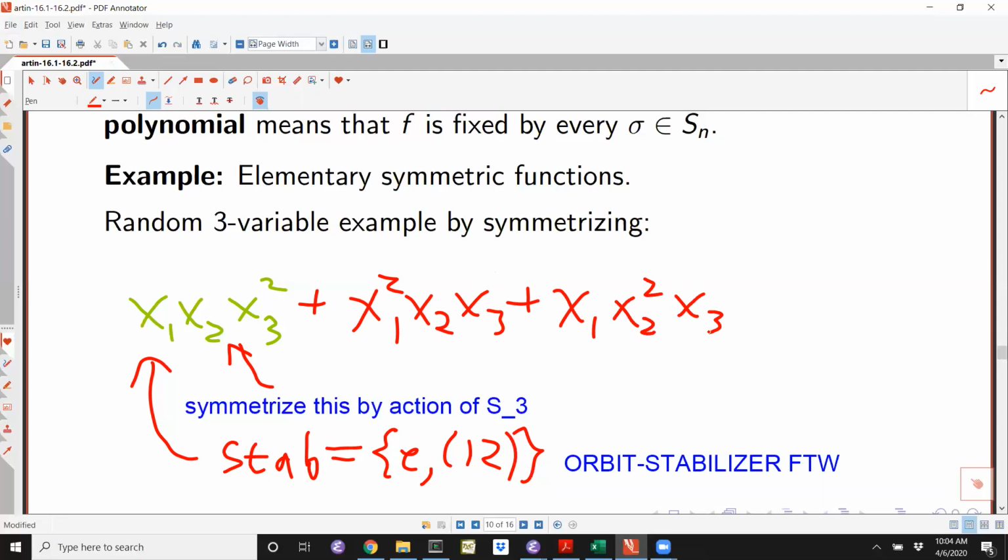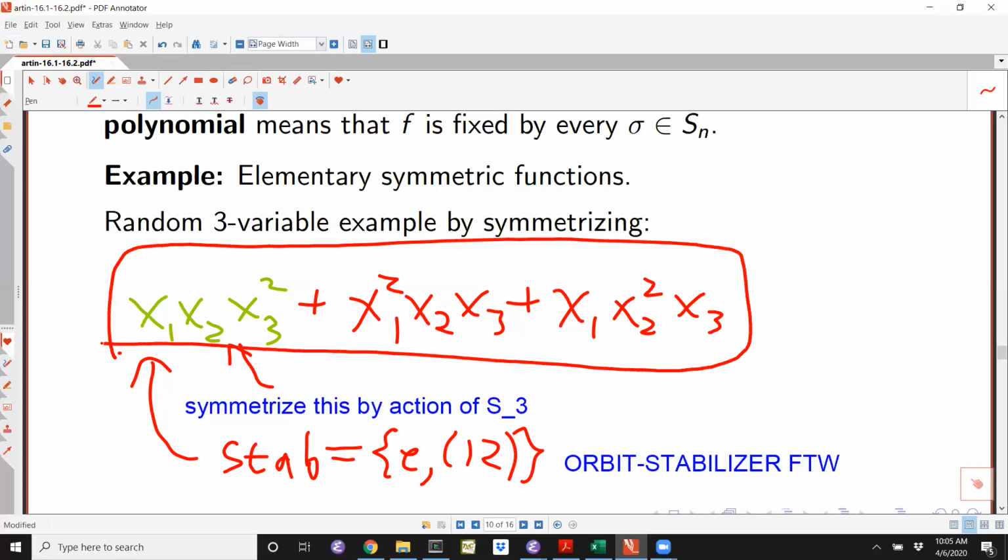But now if I have this thing here, this is a symmetric polynomial, because this is now invariant under the action of S3.